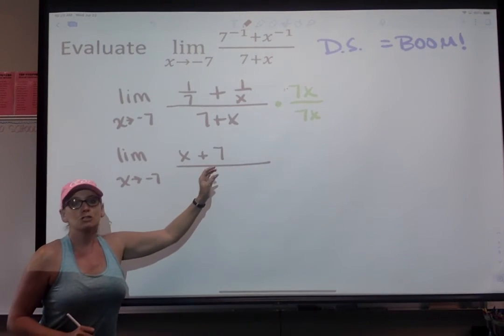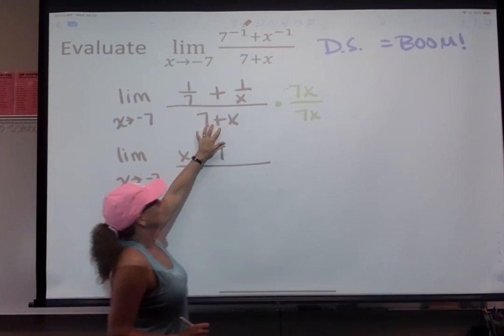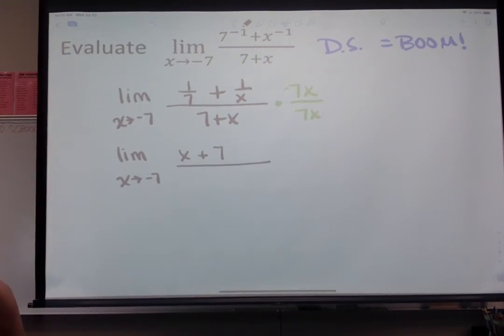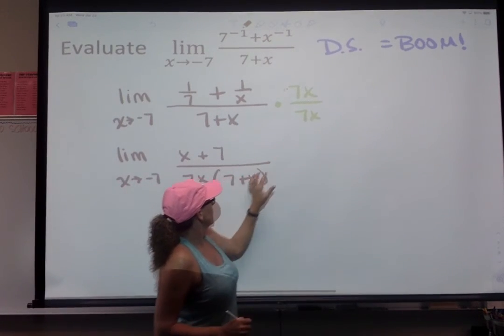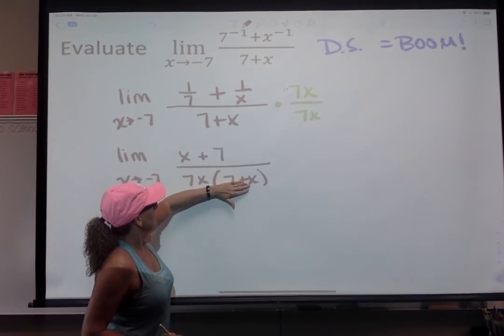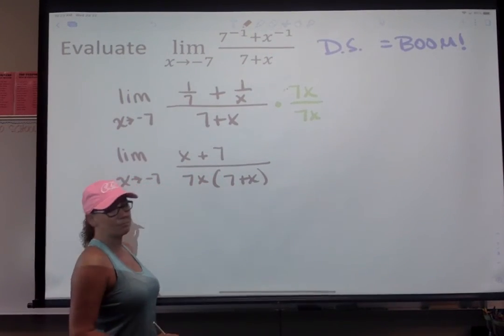On the bottom, don't actually do the multiplication. Don't multiply this by this. Just write it out. See? This is here. This was here. Okay? I did multiply through on top. I didn't multiply through on the bottom.